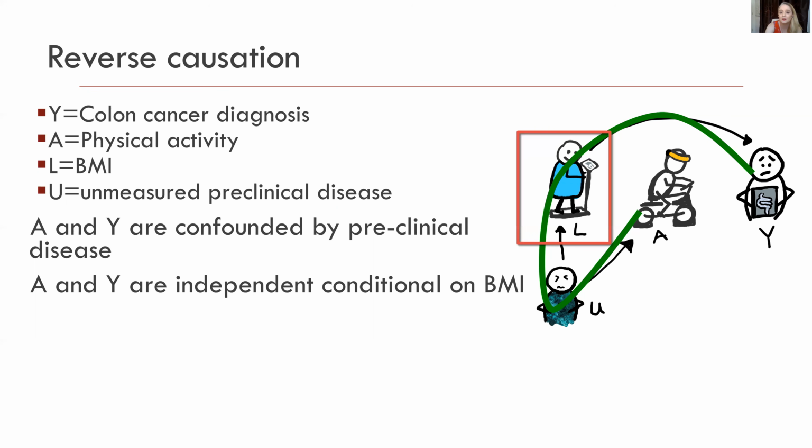On the other hand, we also expect preclinical disease may be a direct cause of later diagnosis rather than operating through weight loss as a signal that someone should go and get diagnosed. And if that's the case, that we have an arrow from U directly to Y, then conditioning on L is not going to solve our problems here.